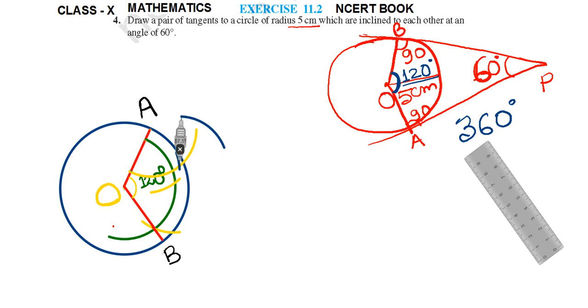Look here, it could not intersect. Once again we have to put at this point and look where it intersects. You see, these are the intersection points of this arc.